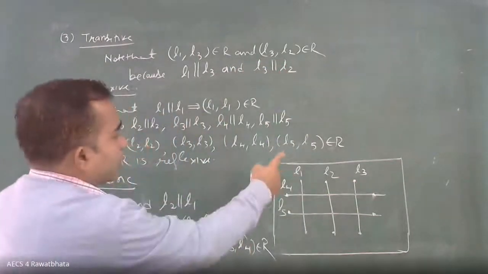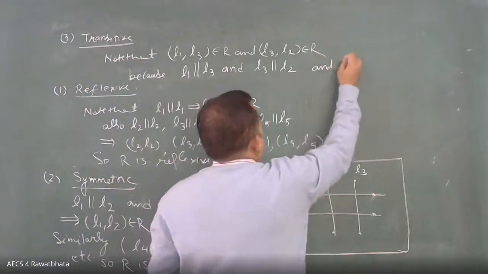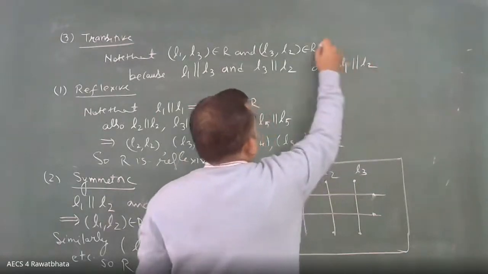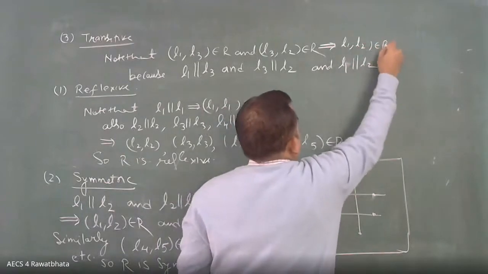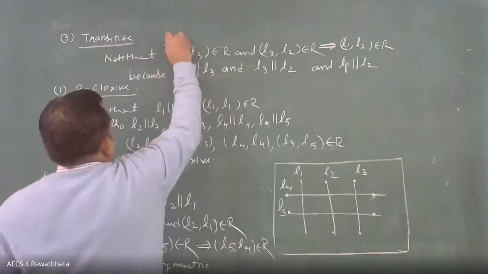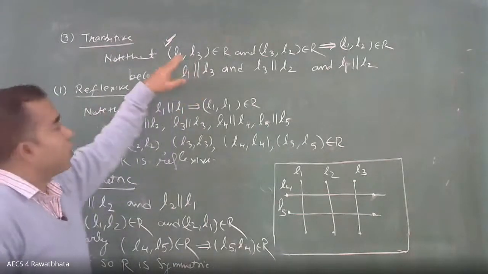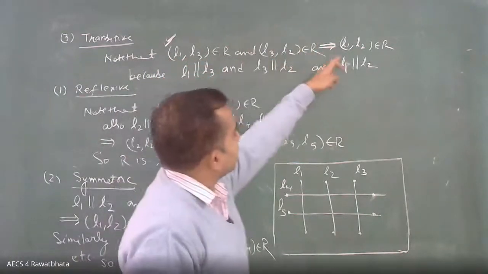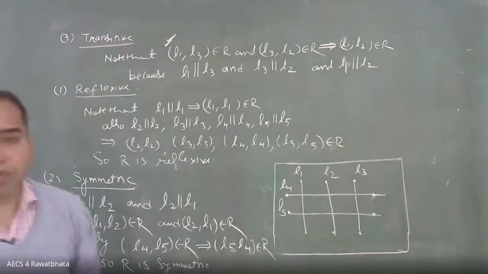L1 is parallel to L3, L3 is parallel to L2, and L1 will be parallel to L2 also. So I can write it implies that L1 comma L2 also belongs to R. And now if you read it properly, this proves that this relation is transitive. How? That L1 L3 belongs to R and L3 L2 belongs to R. It implies L1 L2 belongs to R. Right? So this proves, this is the definition of transitivity.